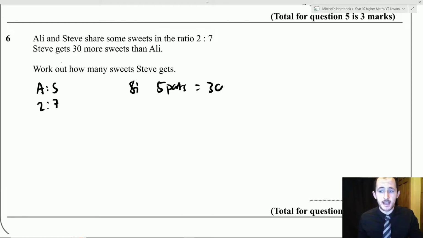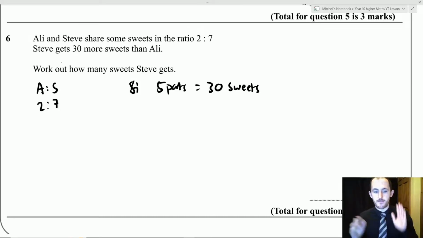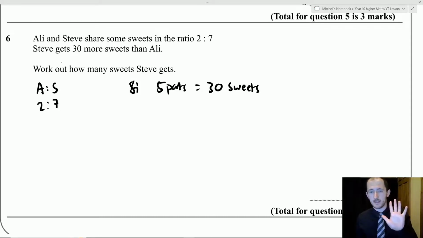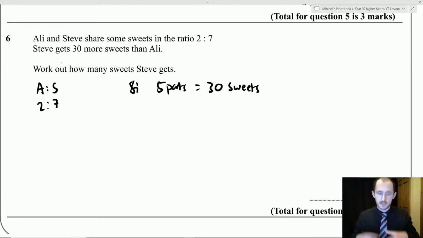So I've jumped ahead a bit just to give you a bit of a test. Is that okay? Can you see the jump? Because Steve has 5 more parts than Ali, and he has 30 more sweets. So 5 parts is 30 sweets. Perfect. I hope that makes sense.